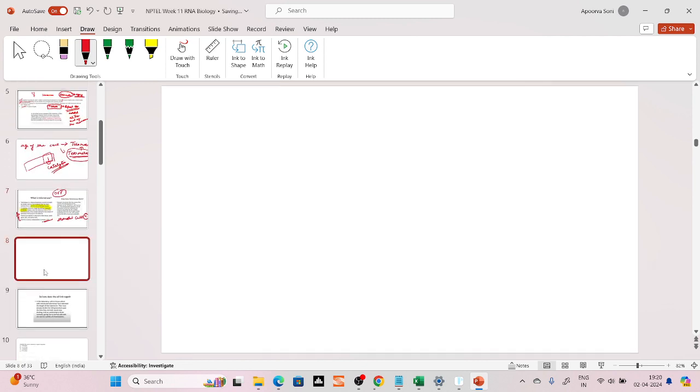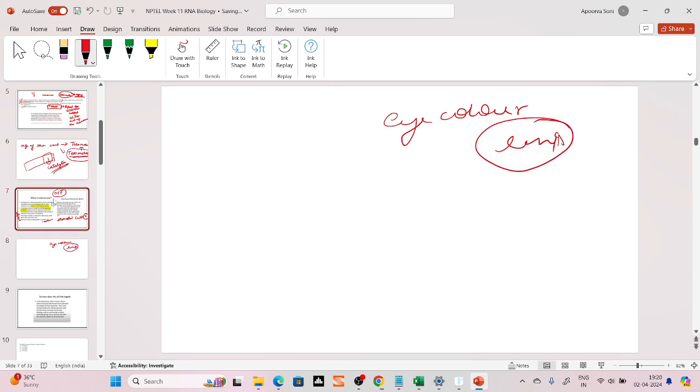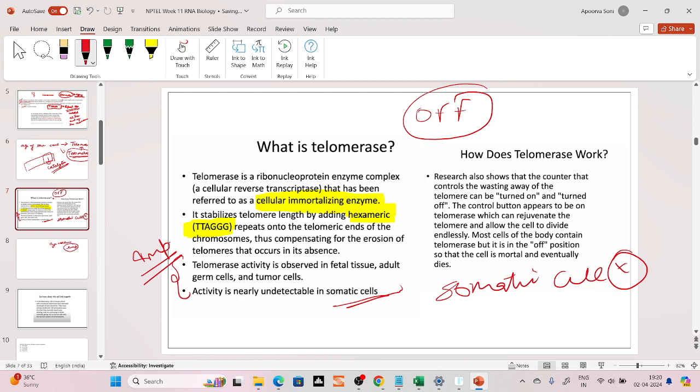Genes which are responsible for eye color are present in lungs also, but they are not expressed in lungs. Likewise, telomerase is present in somatic cells also, but it is not expressed in somatic cells. So it's not the presence of a gene that is important, it is the expression of the gene that plays a key role. Now we'll see further.